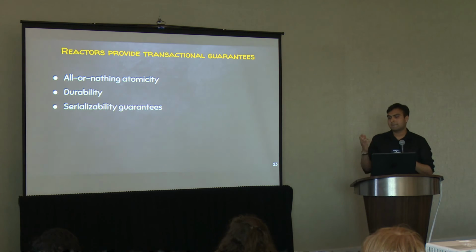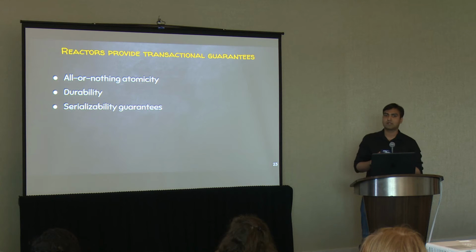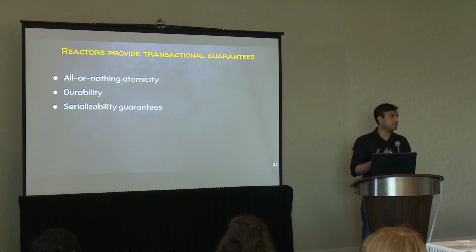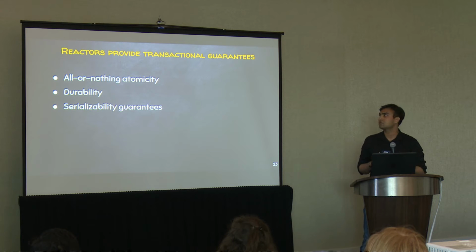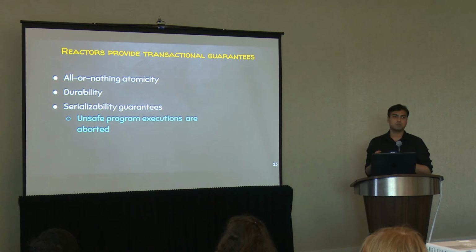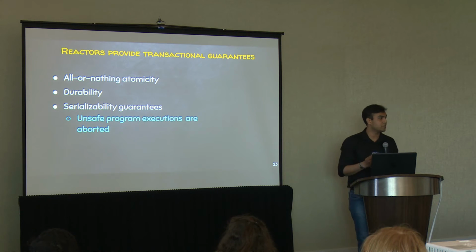Now, the reactor programming model also provides transactional guarantees. The entire method execution tree happens within the context of a single transaction. So you get all or nothing atomicity, durability, and serializability guarantees. However, it is important to note that since reactors provide you with this illusion of a single thread of control, it is possible to have certain unsafe program traces.